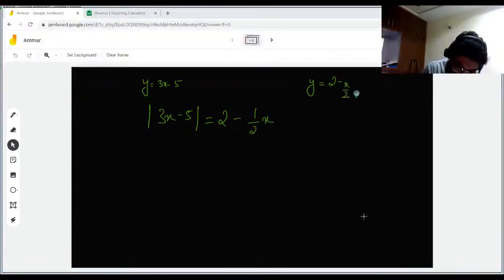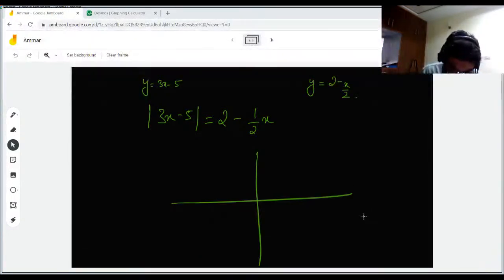Okay, so in my xy plane, let's draw the first one with white and the second one with yellow. What would be the x and y intercept for the first one? Y is equal to 3x minus 5, so the x intercept is 5 by 3. 5 by 3 is 1 whole 2 by 3, right?